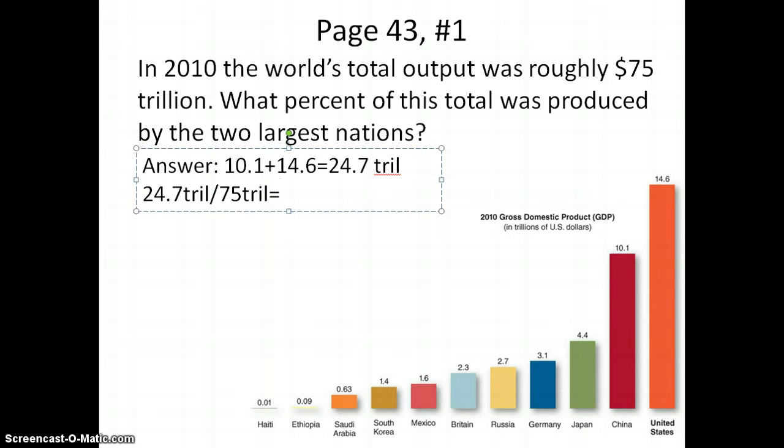Okay? So 24.7 trillion divided by 75 trillion comes to 0.3293, or, since this asks for a percent, 32.93%.